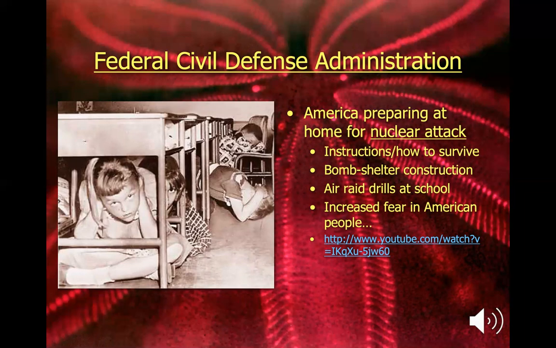Many schools had bomb shelters created in them. Many homes that were just built had bomb shelters built within them as well. Students would practice air raid drills. So much as today we practice our own kind of duck and cover drills, they had those as well, but theirs were air raid drills for a potential bombing. And we just saw this overall fear start to creep into the American people.